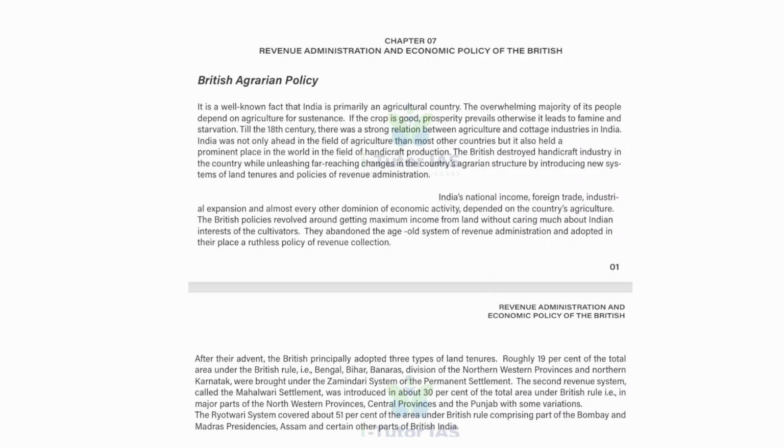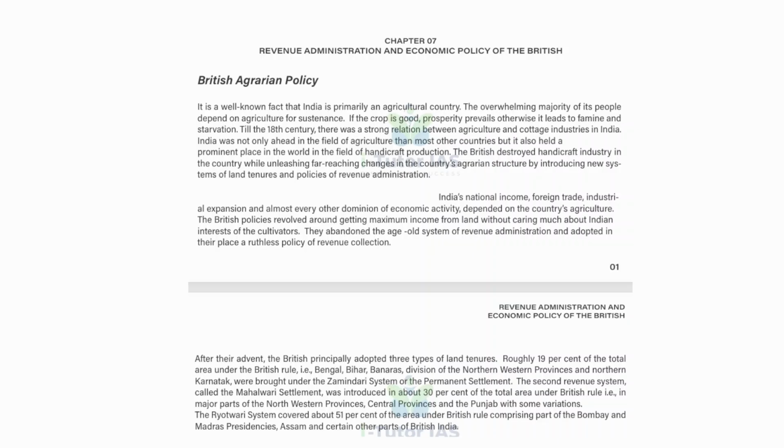The overall aim was never Indian welfare, but the financial enrichment of the British East India Company and later the British Crown. After the Mutiny, the British Crown was directly involved in Indian administration and policies. So we will discuss here one by one.